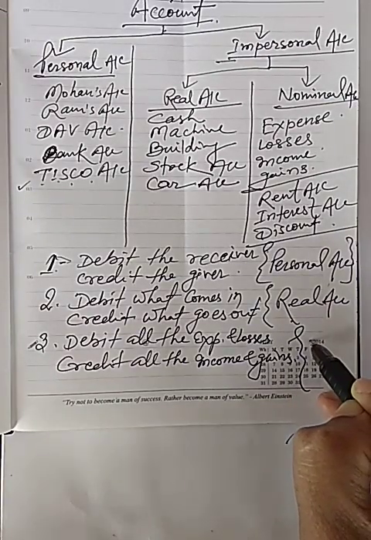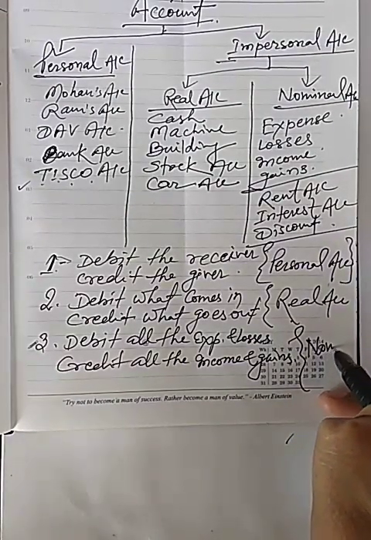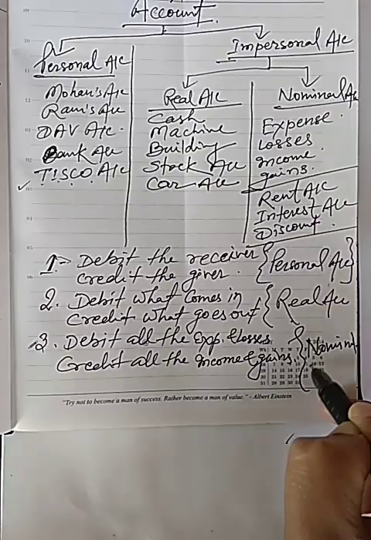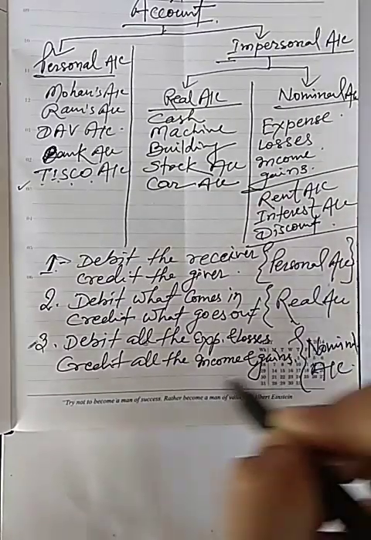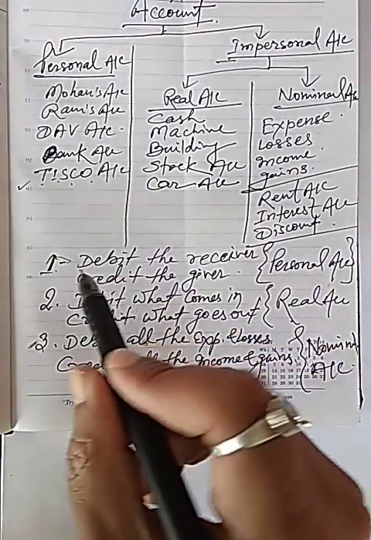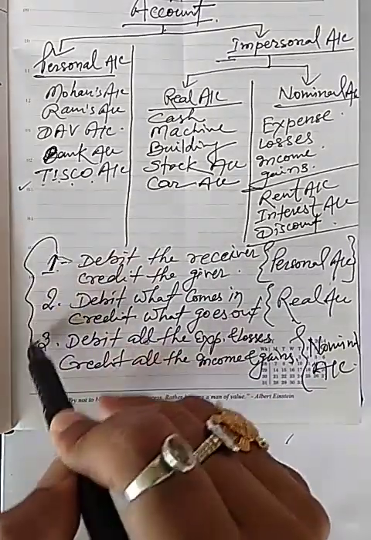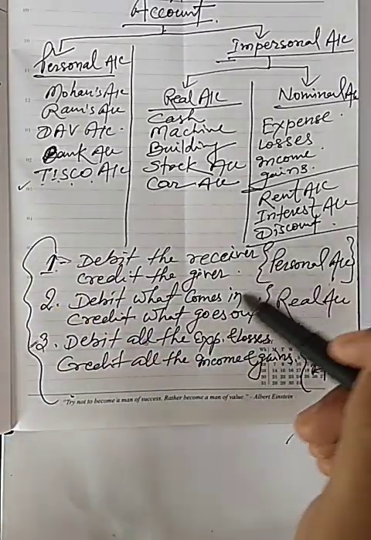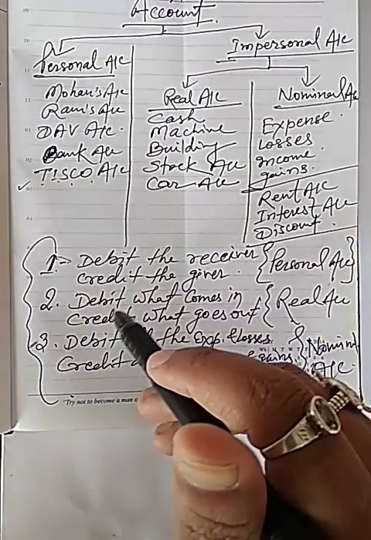This rule is related to nominal account. So these are three rules. You have to learn them.